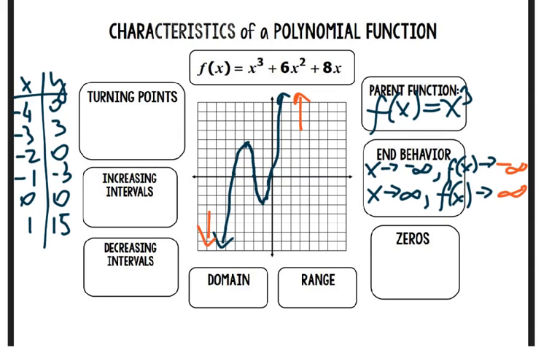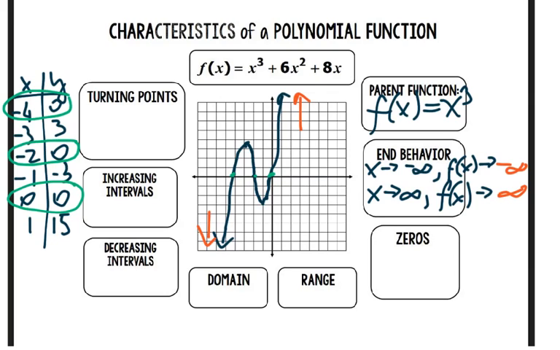Then we're going to be looking at the zeros. The zeros are located at the x-axis, where the graph is crossing the x-axis, and you can probably spot them and label them. So we have 3 zeros: at -4, and you can look at it in the table, then at -2 and at 0.